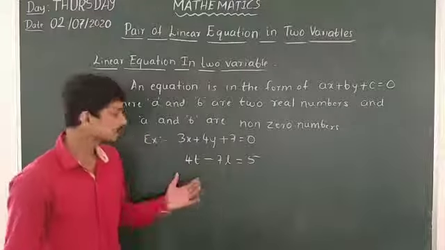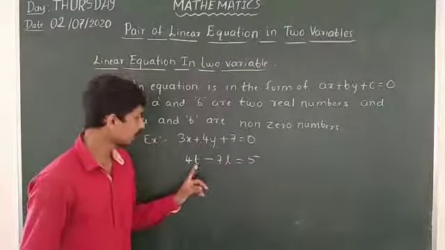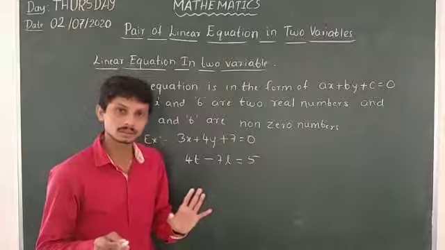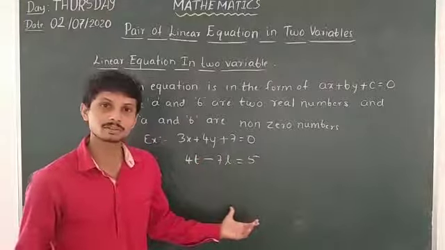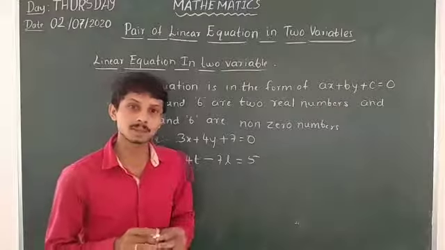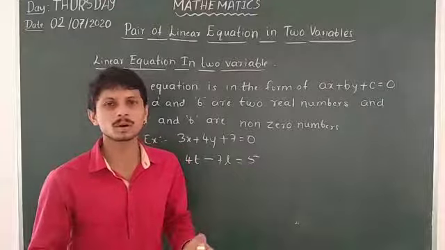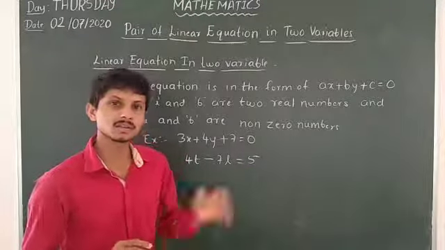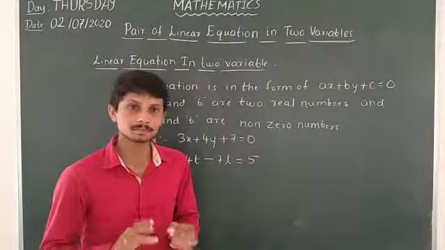It is also a linear equation in two variables. Here I am using two variables, t and l, those are unknown terms. So these two equations are examples of linear equations in two variables. There are many such equations, infinitely many.